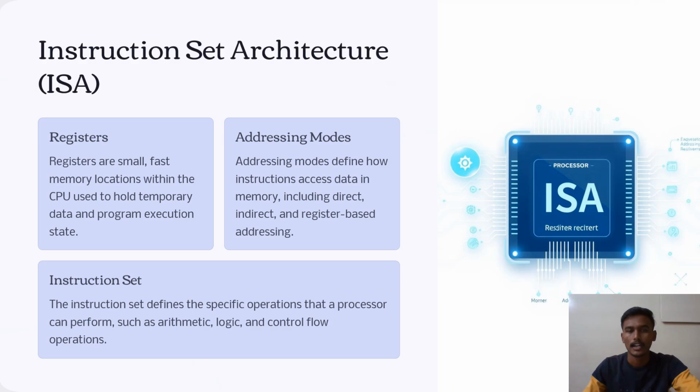Addressing modes define how instructions access data in memory, including direct, indirect, and register-based addressing. Instruction set. The instruction set defines the specific operations that a processor can perform, such as arithmetic, logic, and control flow operations.